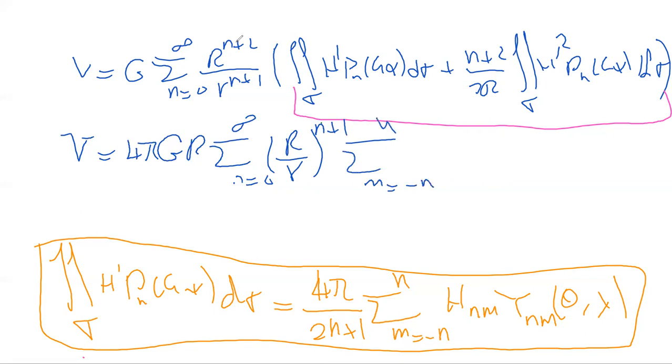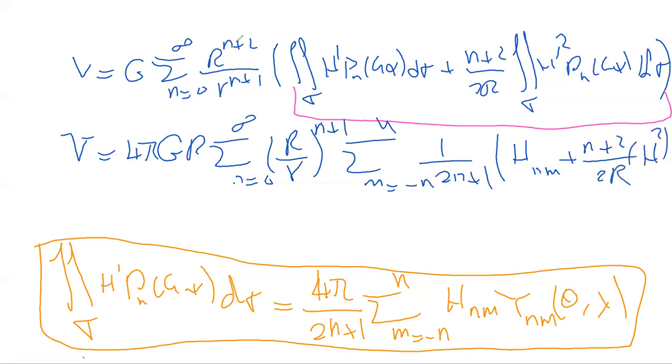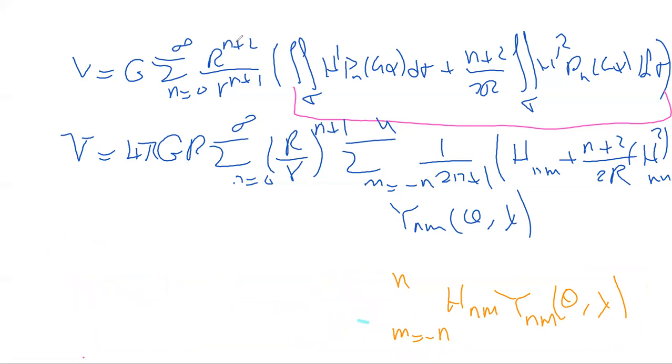I'll keep (n plus 1) over n, multiplied by h_nm plus (n plus 2)/2r h2_nm, Y_nm(theta, lambda). Or you may see in some literature that they write the formula for the potential in this form.